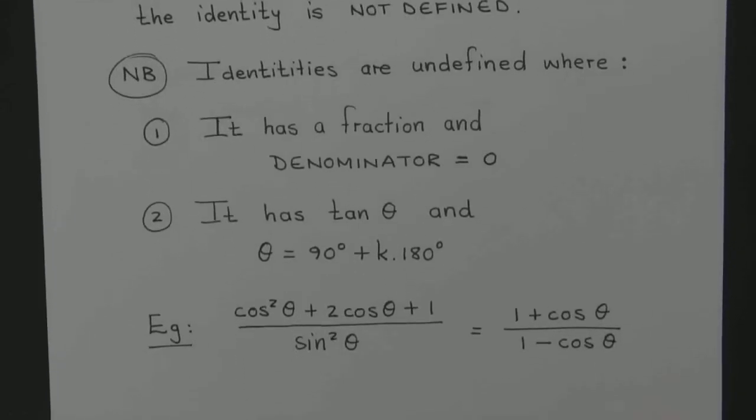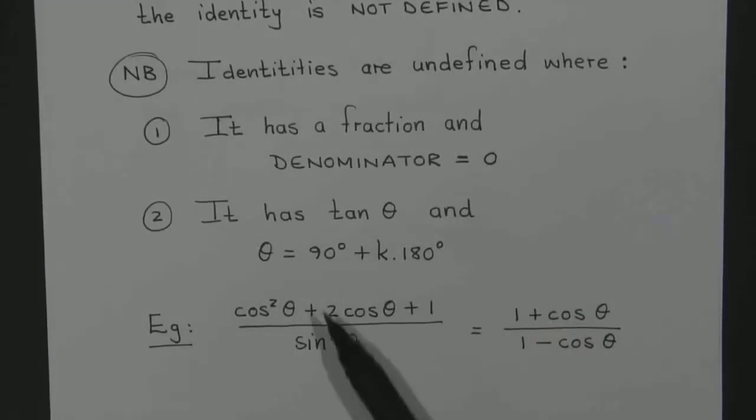And the second part where the identity is undefined has to do with the tan function. Remember when you were drawing trig graphs? What can you remember about the tan graph? Why is the tan graph so different from the sine and the cosine graph? Asymptotes. Now, what did you think those asymptotes were?